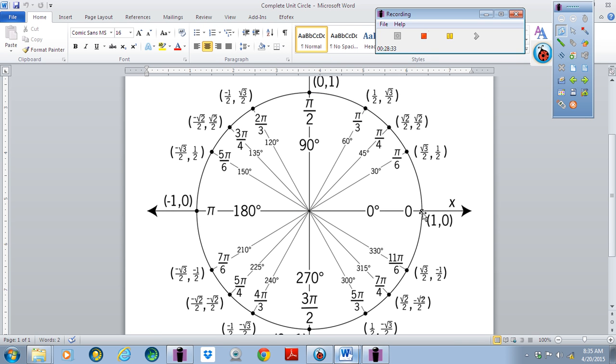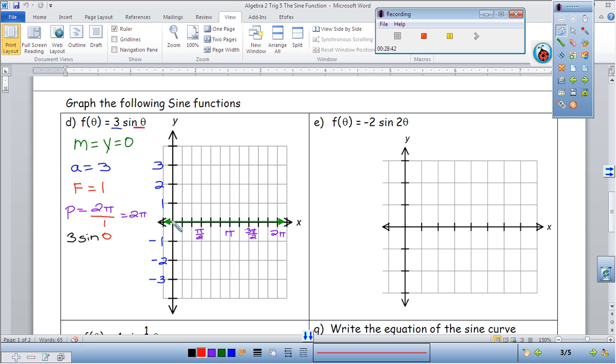At 0, our sine is 0. So that's 0, 0 is our first one, because 3 times 0 would give you 0, right? Any questions on that?